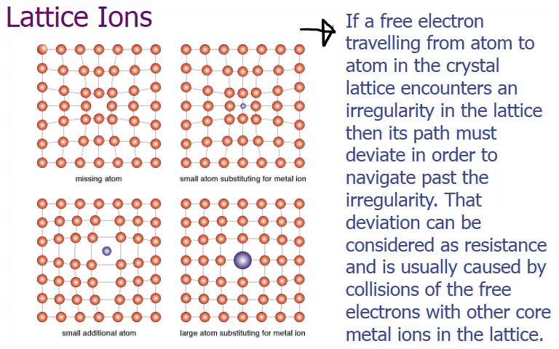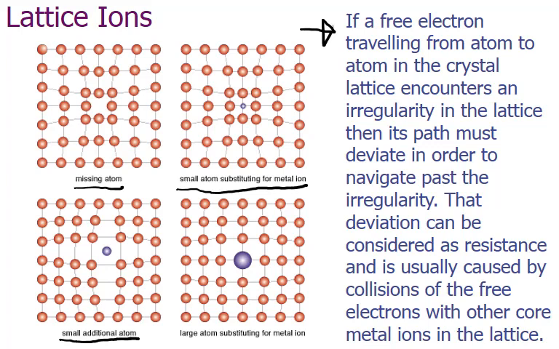And so this is a picture here of different situations. If you have an additional atom inside the structure, the lattice is affected there. With a missing atom, the lattice of the particles is kind of tight there. A small atom substituting for a metal, right?